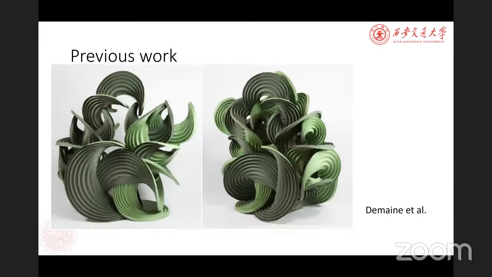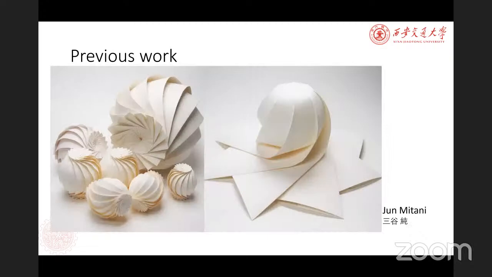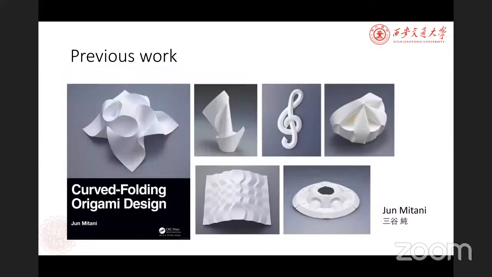Using the basic theoretical insight, Erik Demaine and Jun Mitani created artwork for the design of origami with curved creases. And Professor Jun Mitani even had a book called Curved Folding Origami Design. So there are some pretty examples.